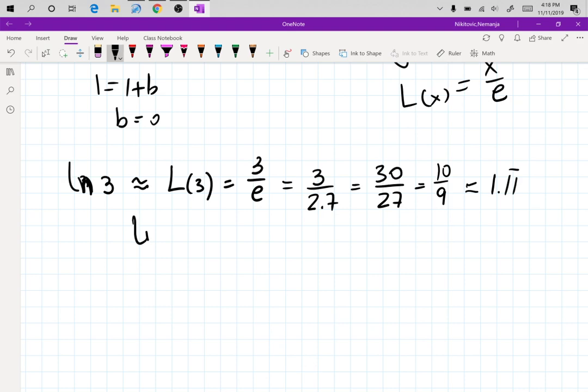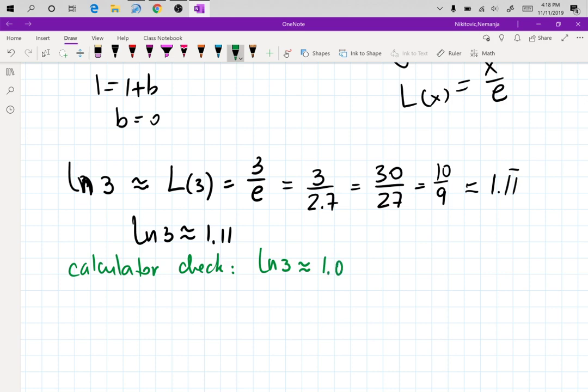So what we calculated here is that ln 3 is approximately 1.11. Now, calculator check. ln of 3 approximately equals, then you take your abacus, and you put ln of 3, and you get 1.0986.